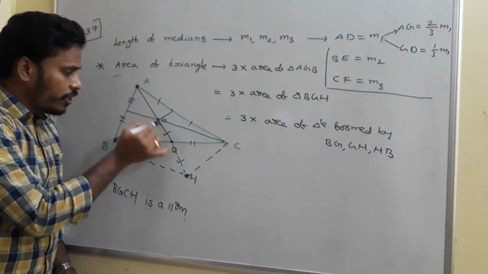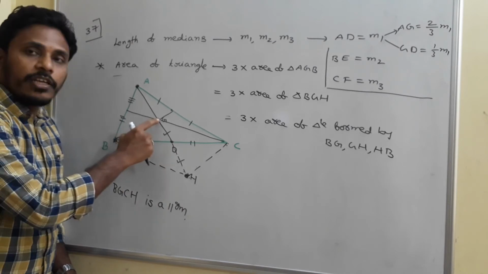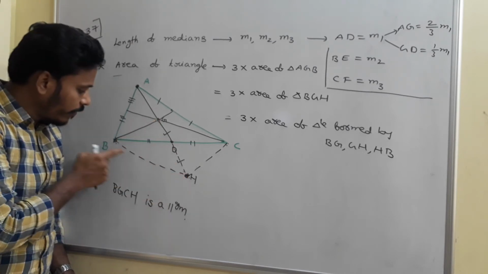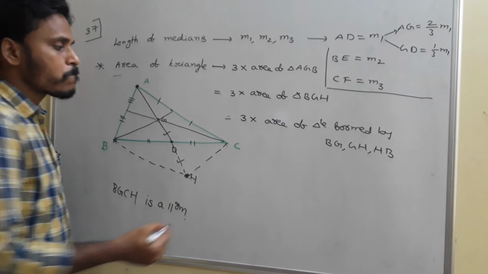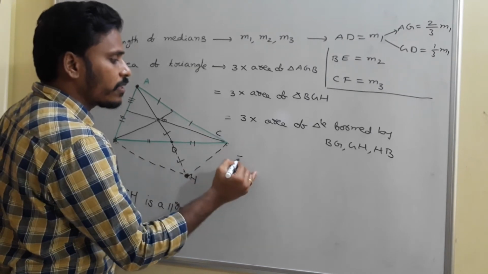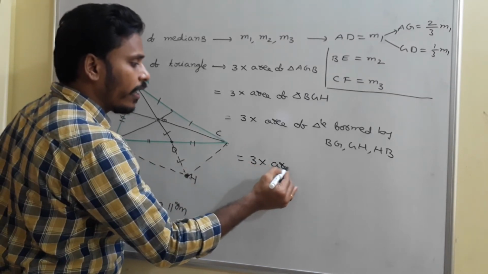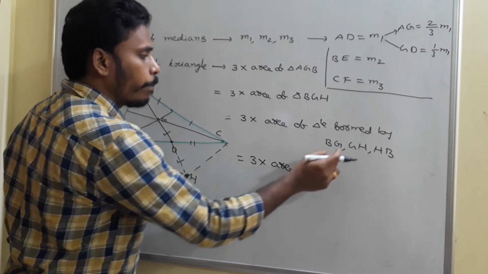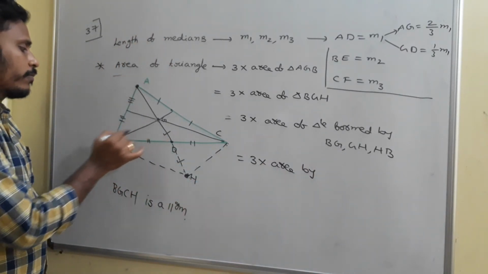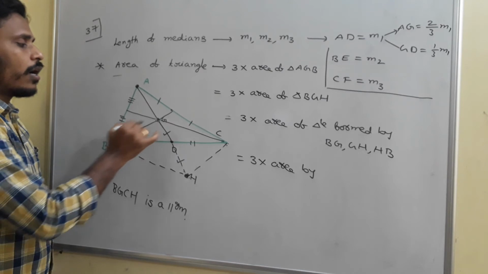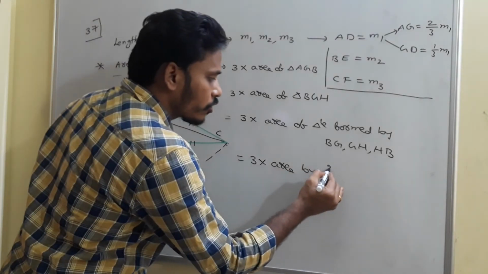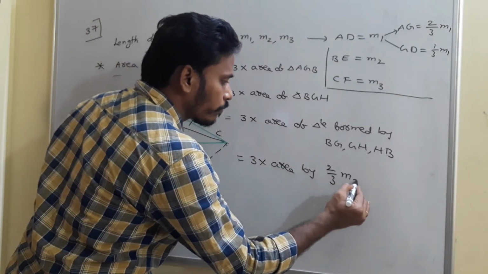BG is one side, GH is one side, HB is one side. So this is equal to 3 into the area by BG length. What is the length of BG? The length of BG is 2/3 of the second median, which is 2 by 3 m2.